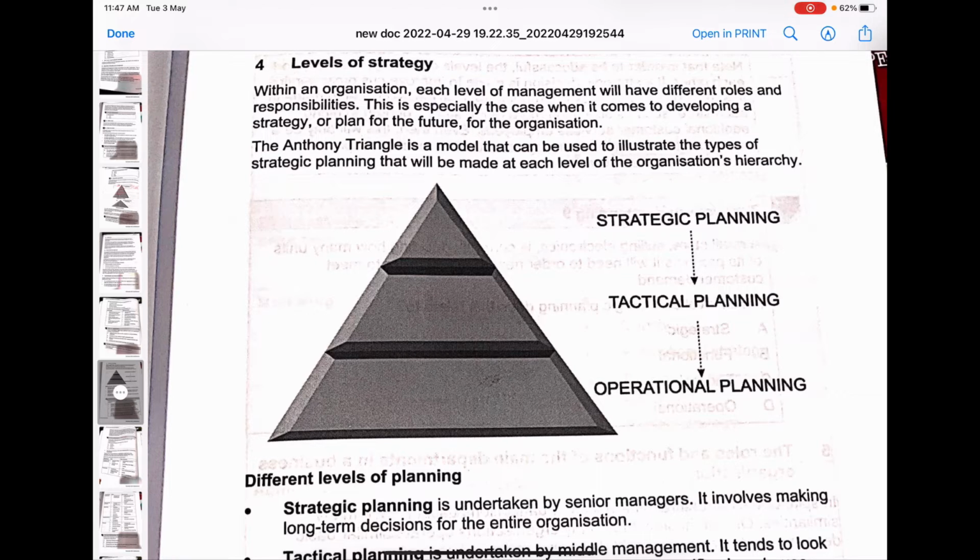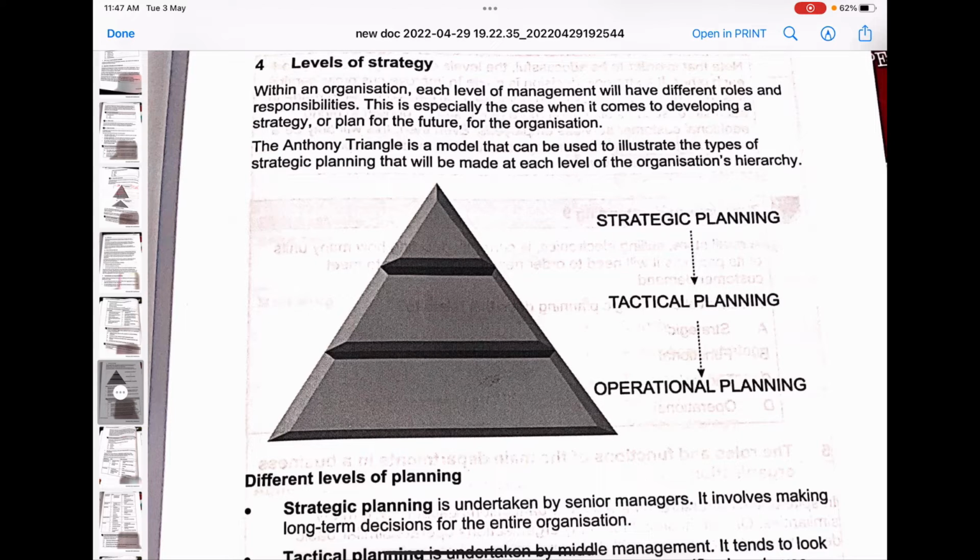The Anthony triangle is a model that can be used to illustrate the types of strategic planning that will be made at each level of the organization hierarchy. This is the Anthony triangle: strategic planning, tactical planning, operational planning. Strategic planning is the leader, tactical planning is the middle level, operational planning is the core.